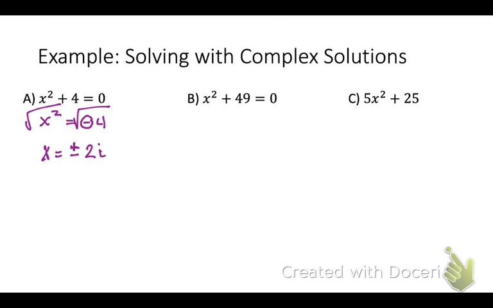Now, could we factor it? x minus 2i and x plus 2i, and set both of these equal to 0, and I would get x equals plus or minus 2i. Is that what we got the first time? Yes.